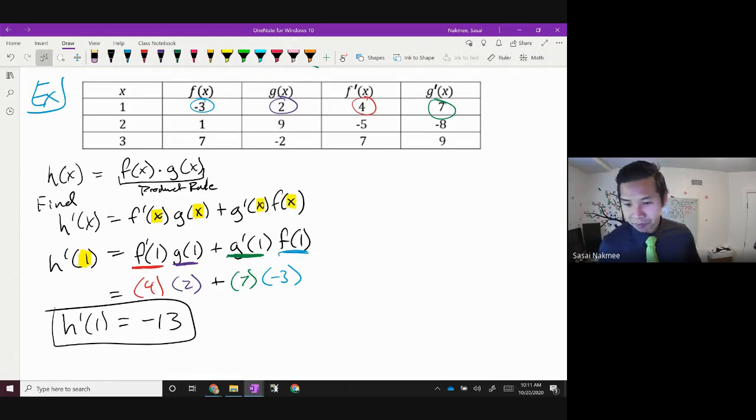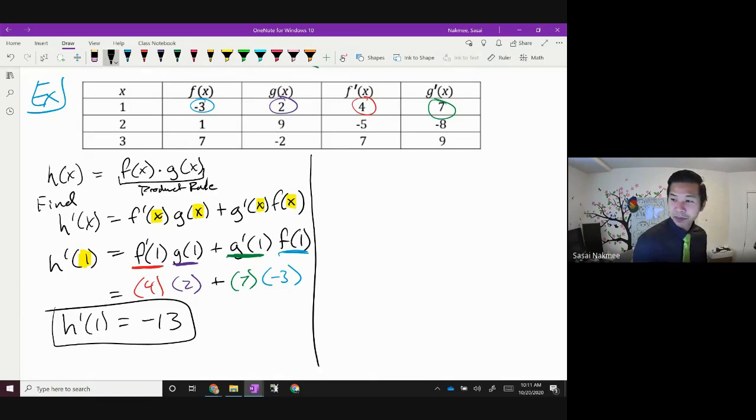Let's have you guys try one. Let's say I was defining a function. Let's call it s of x, right?